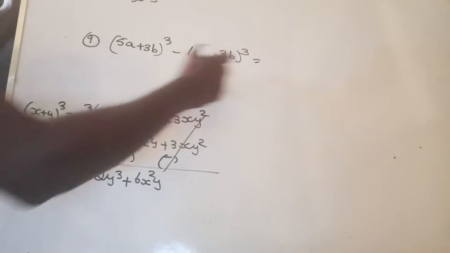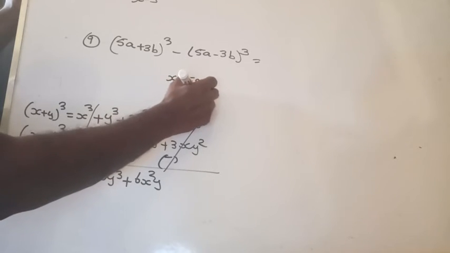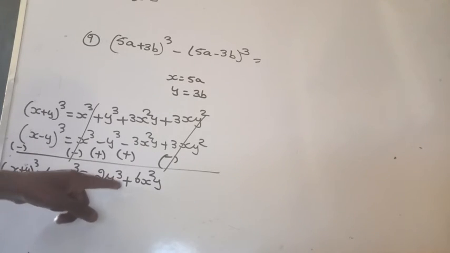So here instead of x what are you having? 5a. Instead of y, 3b. Right? So what is the result? When we subtract these two, we get 2y cube plus 6x square y.